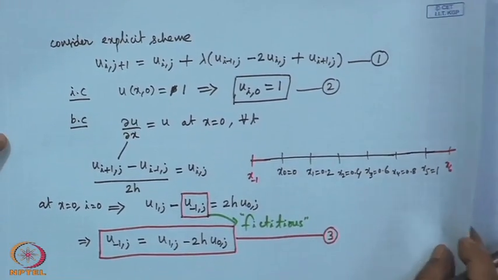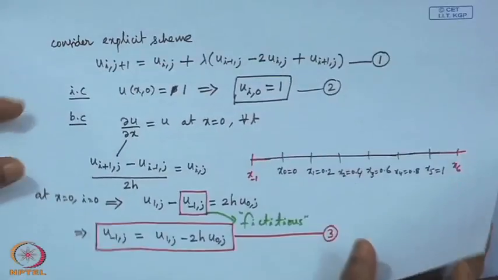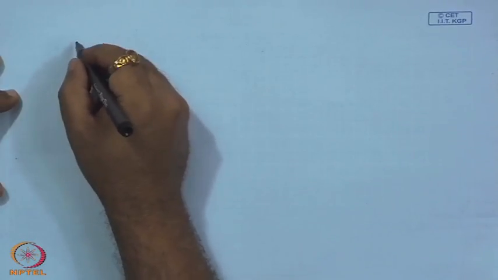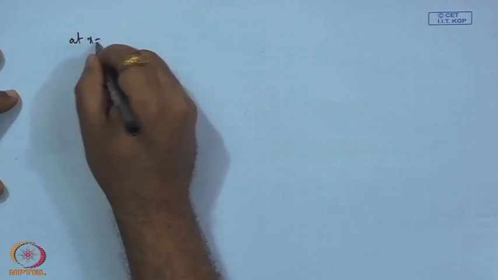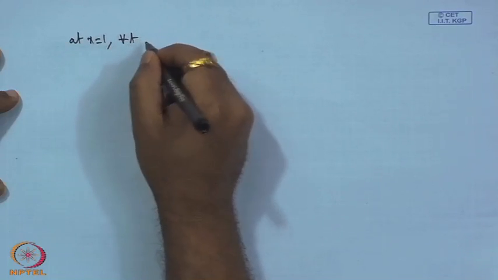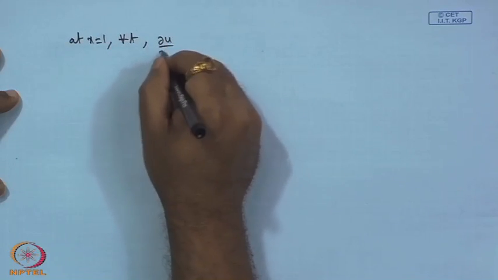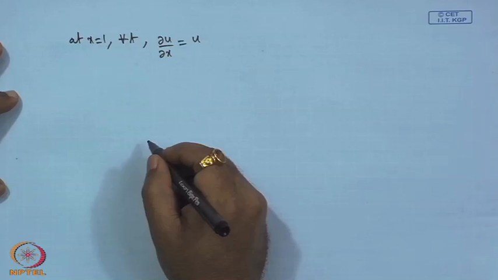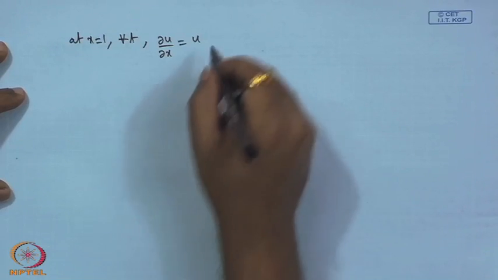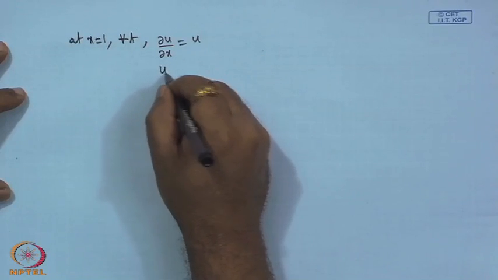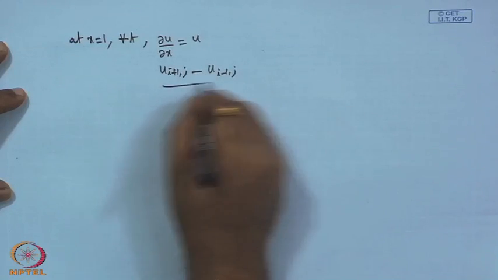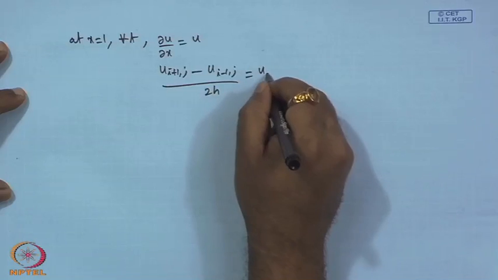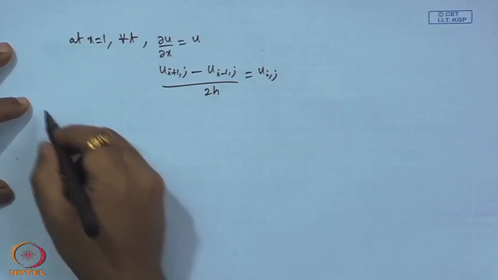Now, let us do it for the other end as well. We have at x equals 1 for all t, dou u by dou x equals u. This is another boundary condition. So, now u I plus 1 j, so this is a general discretization.